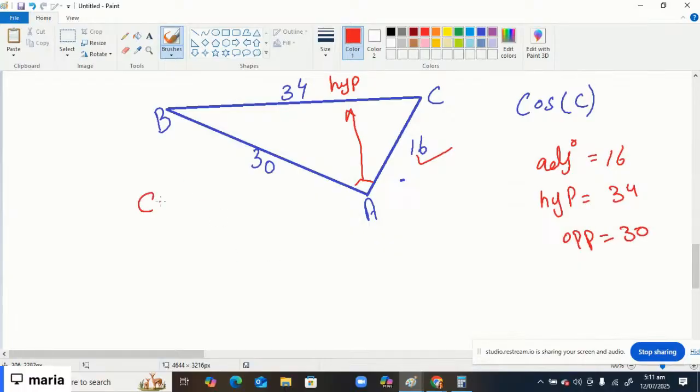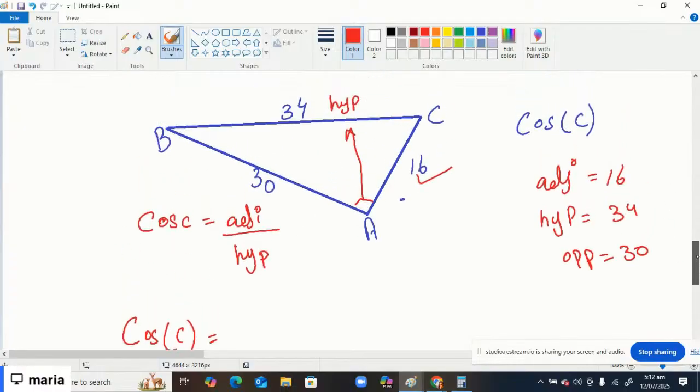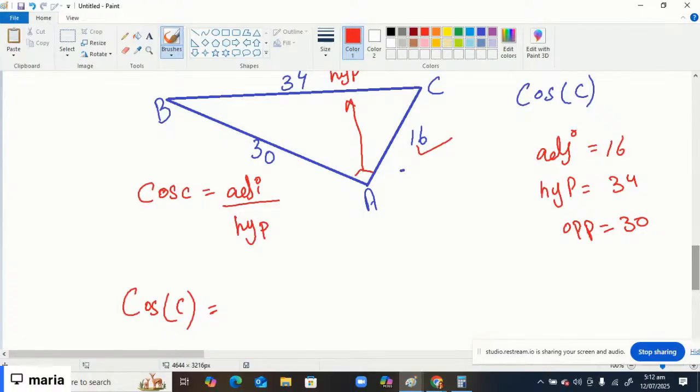What is the cosines formula? Cos of C is equal to adjacent over hypotenuse. So cos of C is equal to what is adjacent, that is AC, and what is hypotenuse, that is BC.